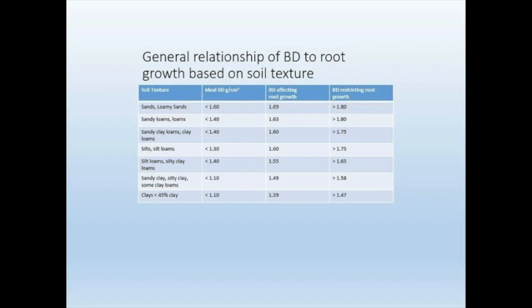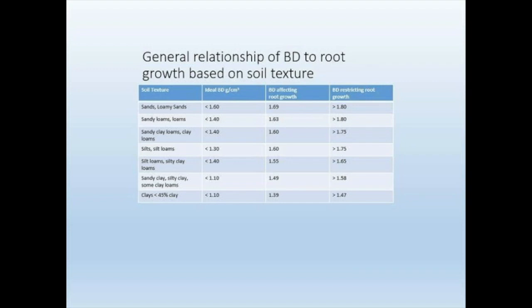Our ideal bulk densities become lower. If we're dealing with clays, this is a pretty less than 1.10. That's pretty loose. This is about 50% pore space, 50% solid space. So we've got less wiggle room here in these finer soils than we do in our sandier soils.